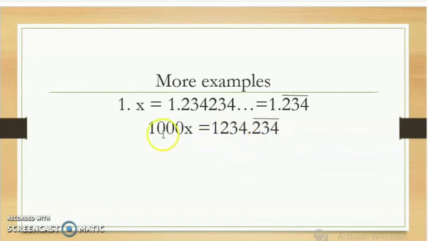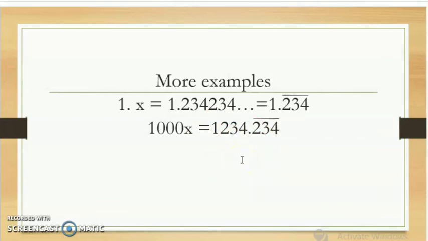So if we look here now, we have 1000x is 1234.234 and here also 234 is repeating. If we subtract these two equations, then this 234 and this 234 that repeat will cancel each other, and we will get a linear equation in which the decimal part is 0. So then it is easier for us to calculate or arrive at an answer.